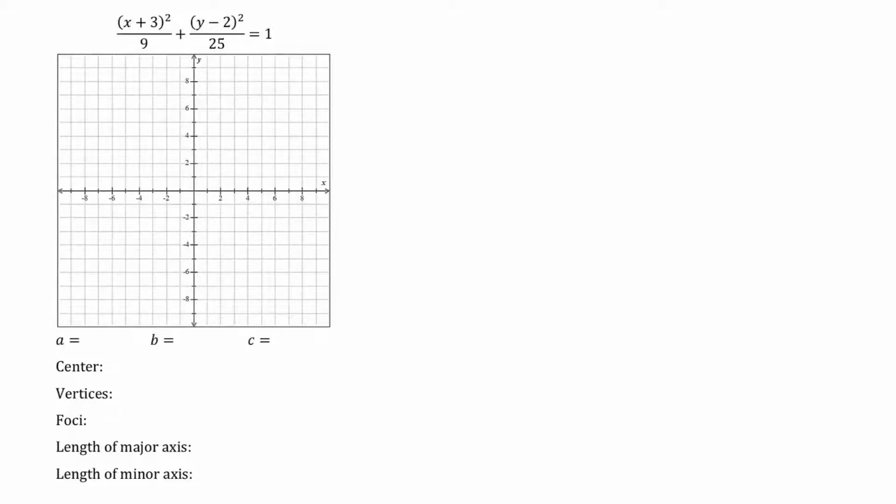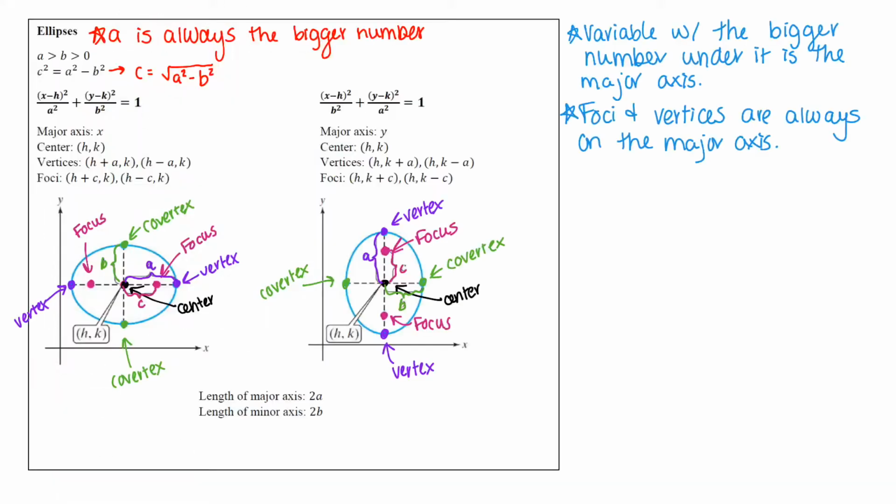To begin with, we need to figure out where the center is. That tends to be the easiest part. So you're looking at, up here in our formula, H and K. If I go back to my formula page, H and K in both scenarios are the coordinate points for the center. And it's the opposite of what it looks like because there's a minus sign there.